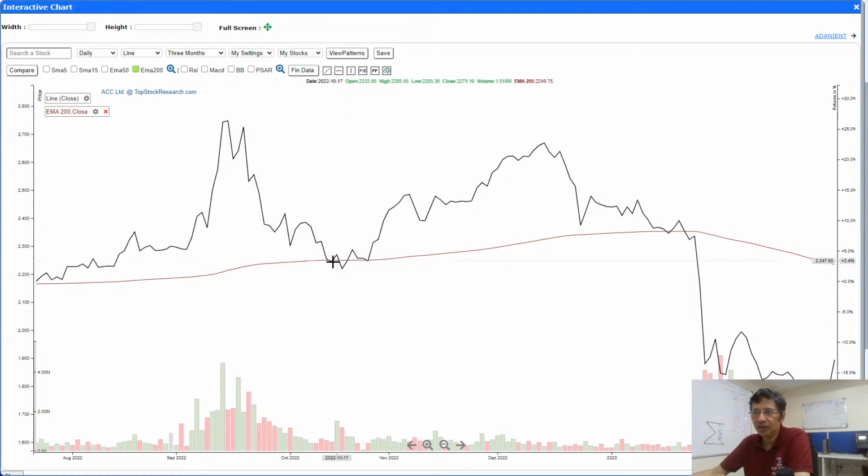Again, it's bouncing back from that level. There was a small breach out here, and then eventually it breached and came down. Of course, this particular case is slightly different. Randomly we took ACC. It was because of big news, but once it came down and it's much lower, this is the place where you should exit the trade.